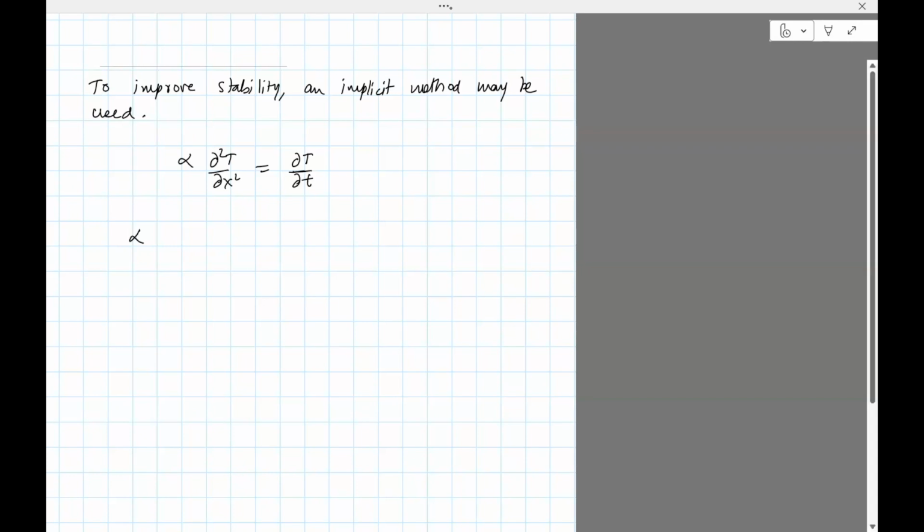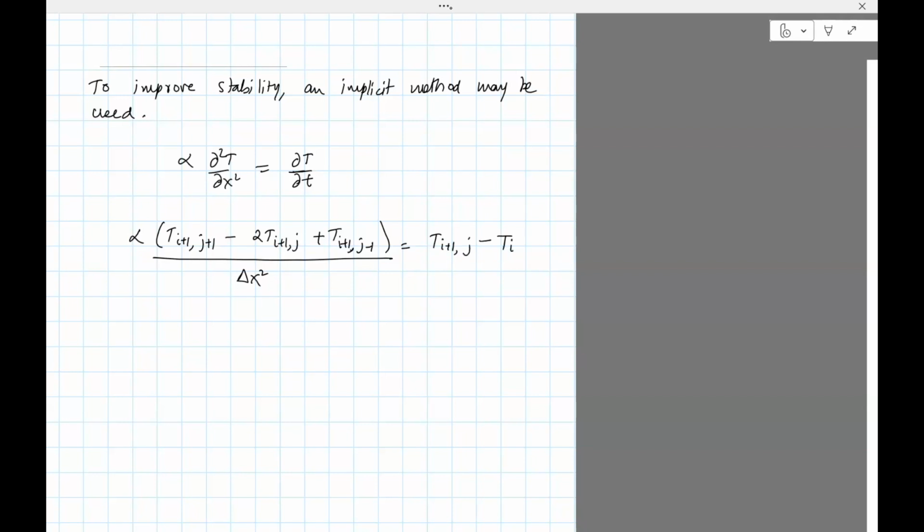What you do is you write this as ti plus 1 j plus 1 minus 2ti plus 1 j plus ti plus 1 j minus 1 divided by delta x square is ti plus 1 j minus tij divided by delta t.